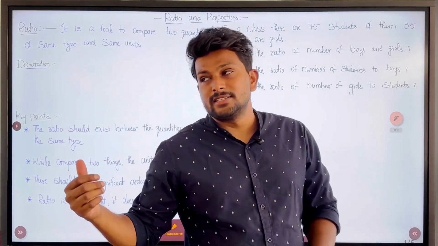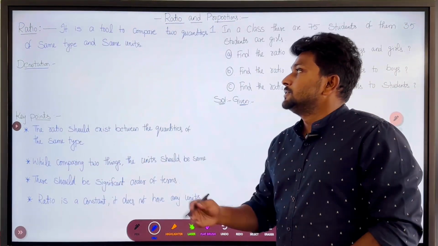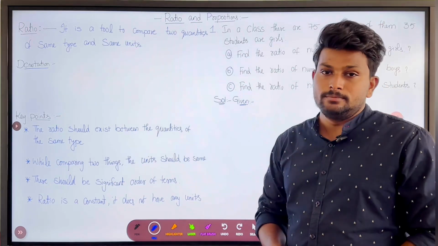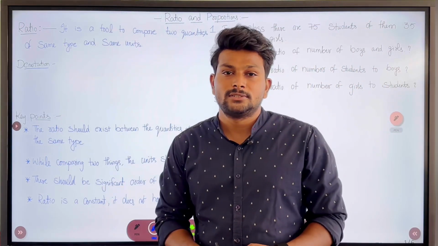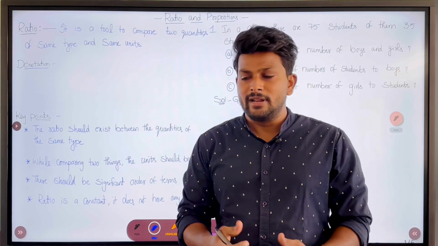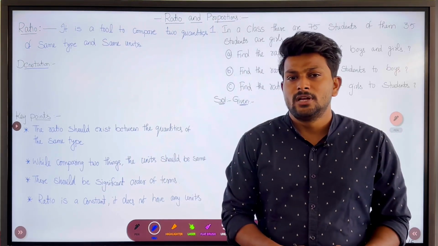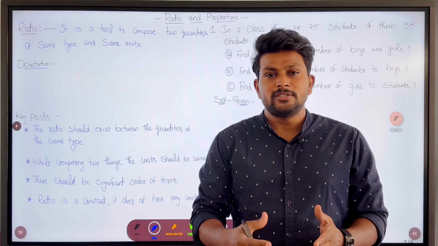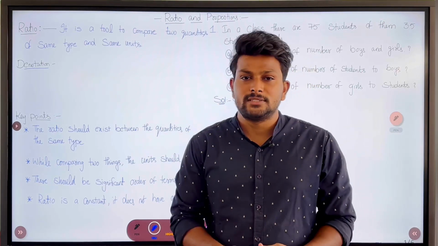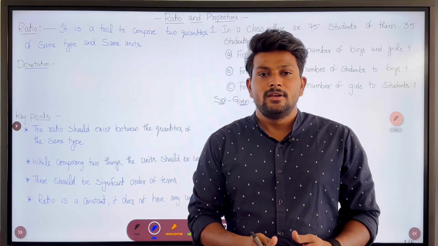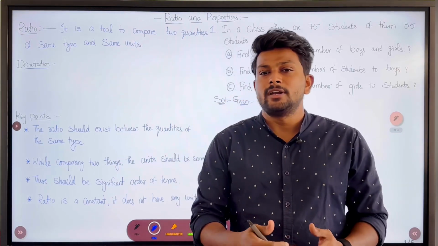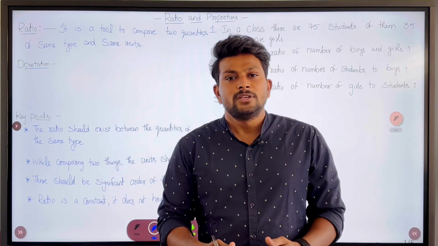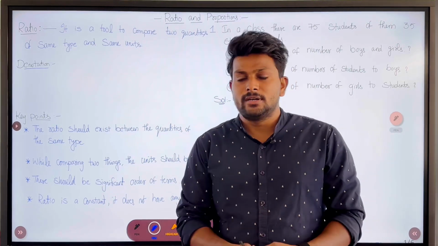So let us explain this definition. So what is the ratio? It is a tool. In general, ratio is used to compare two quantities. So what are the quantities? For example, if I have two persons, the two persons have different quantities, different qualities. Two persons have different weights, different heights, different marks. Their ages also may be different, right?